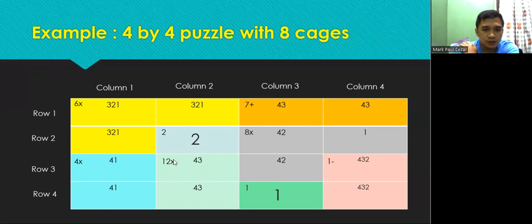Now, for the target number 12 and a mathematical operation of multiplication, we can only use 4 and 3 again because this is a 4 by 4 puzzle. That's why we can only use 1, 2, 3, and 4. So the combination of 4 times 3 will give us the product of 12.